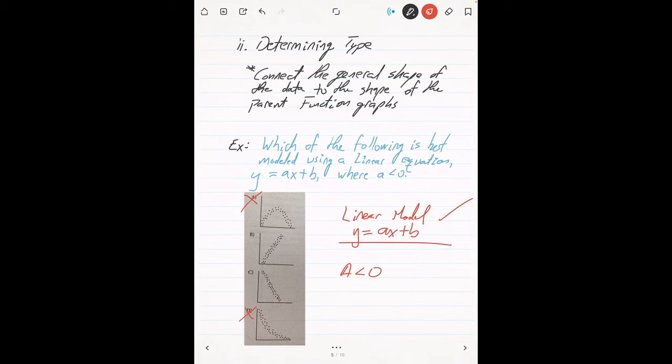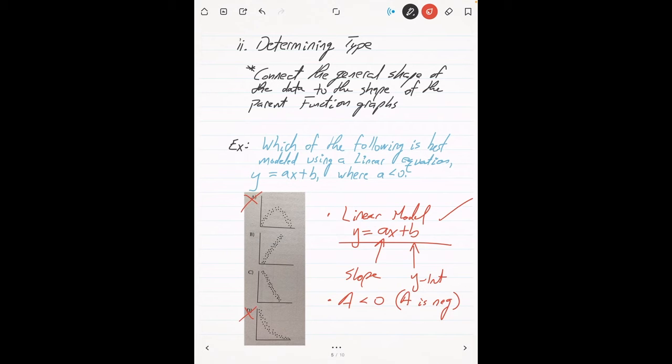So here we realize we're dealing with a linear equation. That is the y-intercept. Let me move this down here. This then, the a, would be the slope. So what does it mean that a is less than 0? Well, hopefully you're saying that means a is negative. a is a negative number.